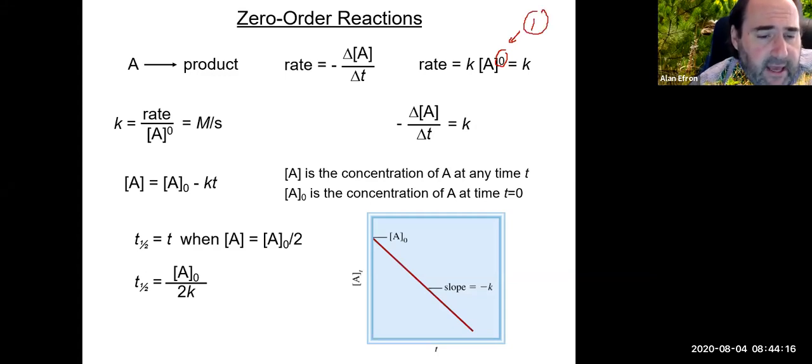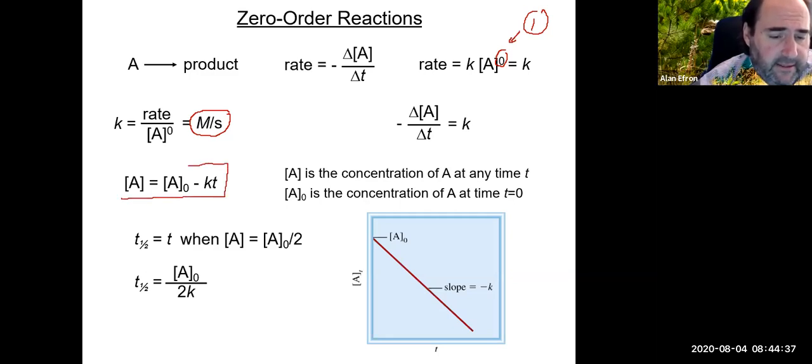That means that when we solve for K, the units associated with a zero order reaction are molarity over seconds. It's the same units as the rate, which is molarity over seconds. We also have an integrated rate law, which looks just like first order, except no natural log. So this is the one for zero order.